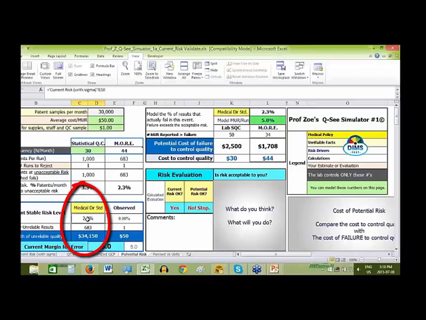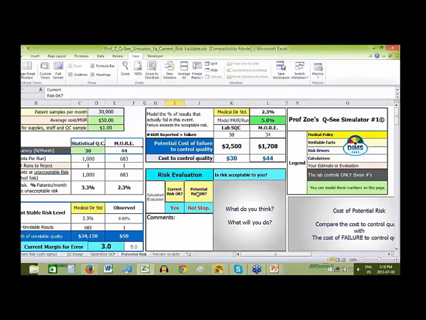The standard that's used in this scenario is 2.3%. If that is the standard, you are allowing 683 medically unreliable results at a cost of $34,000. If you do your QC this way, you're going to spend $2,500 as opposed to $1,700.